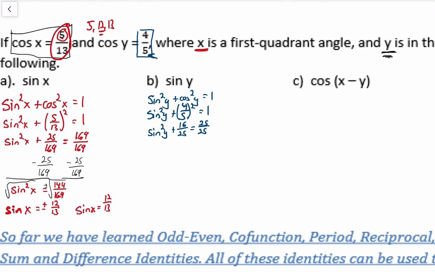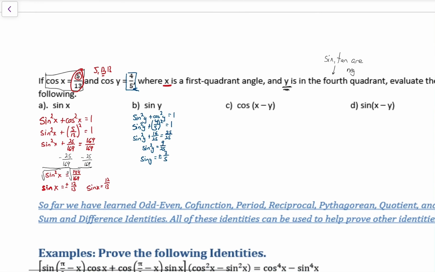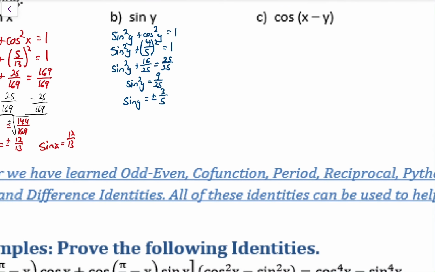I'm going to subtract 16/25 from both sides. So sine squared of y, 25 minus 16 is 9/25. We're going to go ahead and take the square root of both sides. So sine of y equals plus or minus 3/5. And I mentioned before that y is in the fourth quadrant, so sine and tangent are negative. So in this case, sine has to be negative.